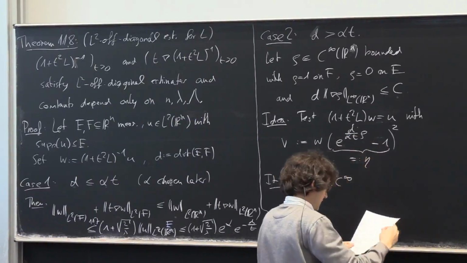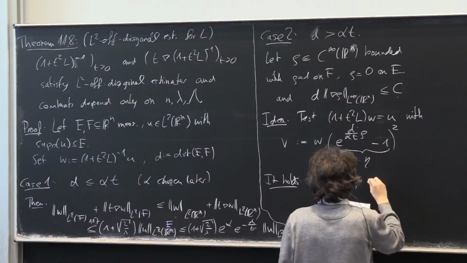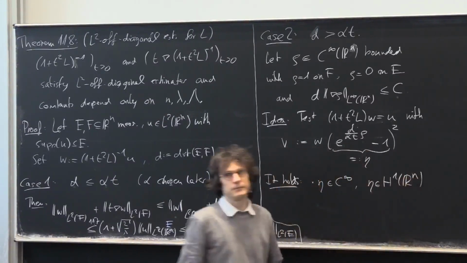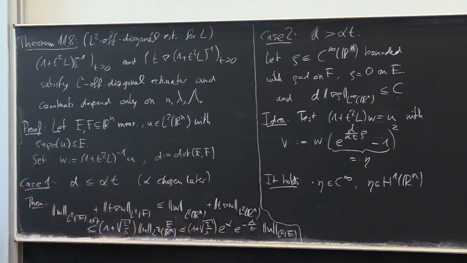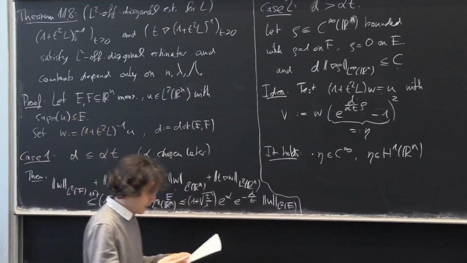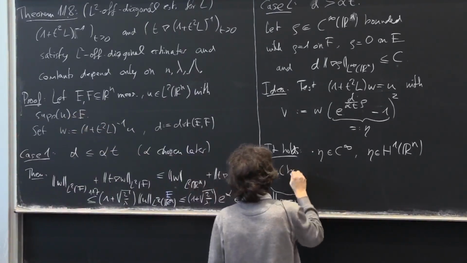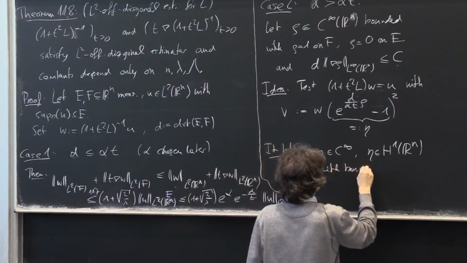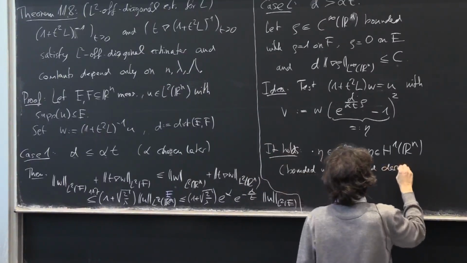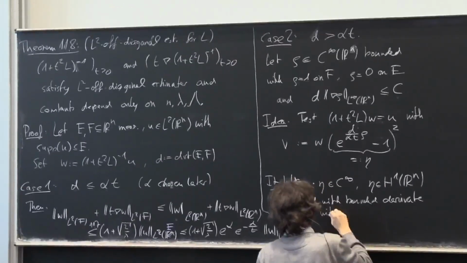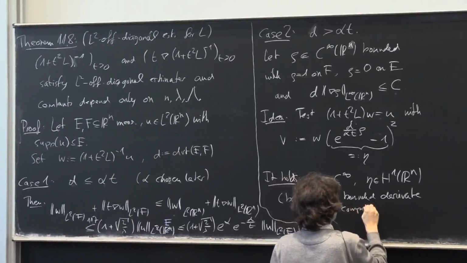This is C infinity. I claim it's not only C infinity, it's even H1. So it's weakly differentiable, it's in L2 and the gradient is in L2. Why? Because it's a bounded function with bounded derivative and compact support. Why does it have compact support?